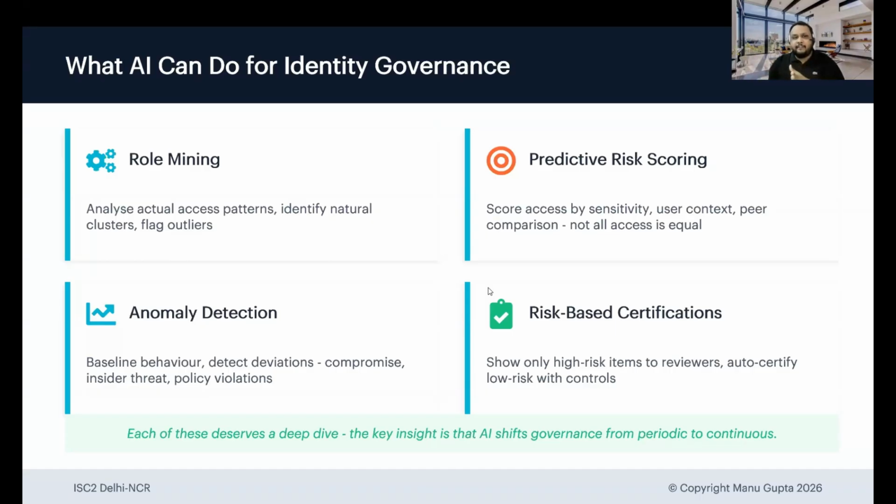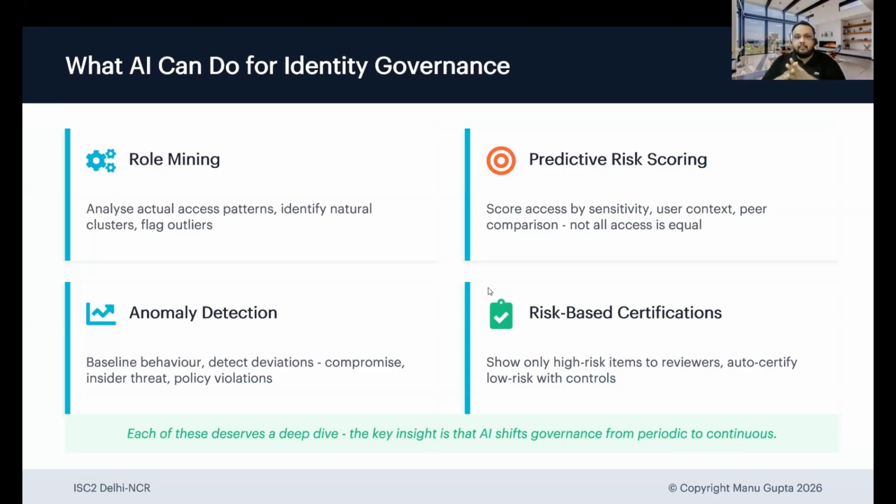Now AI changes that fundamentally, because machine learning algorithms can analyze access patterns across the organization. Who has access to what, and who actually uses it. So assignment is one thing, but use is actually who is using it. They create these clusters, and those clusters become your candidates for roles, and then algorithms can even identify the outliers.